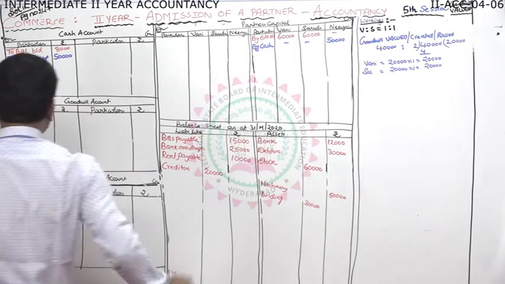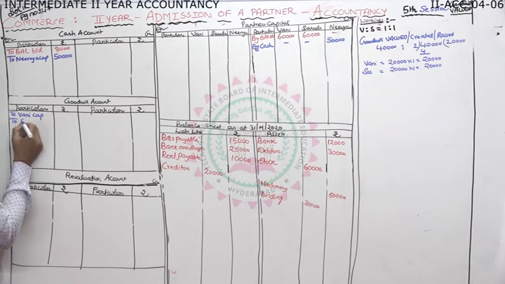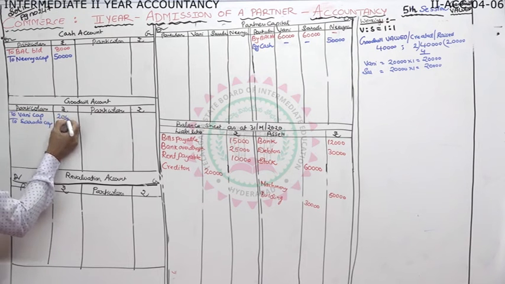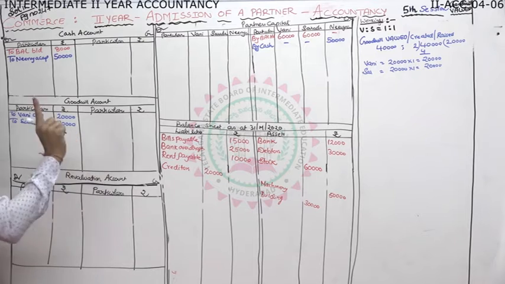So we'll go to goodwill account debit side, to Vani capital, to Sharda capital. Since they are equal partners, both are getting 20,000 each. So goodwill to Vani, to Sharda. Be careful. Don't do anything on the credit side now.